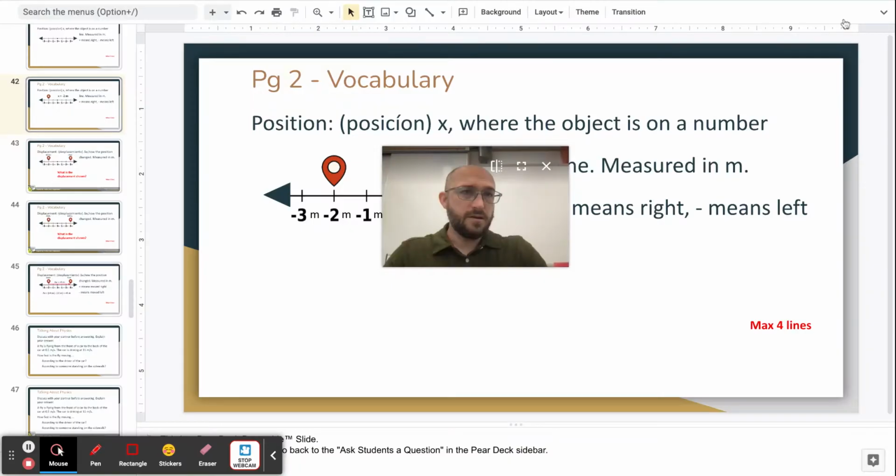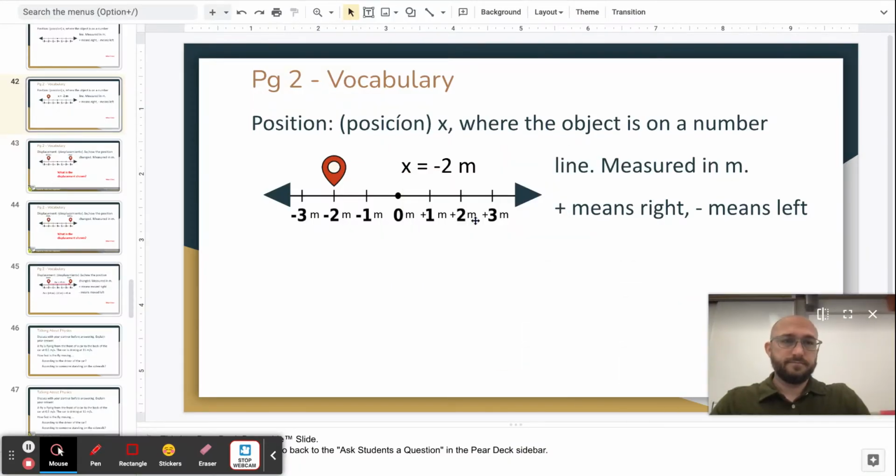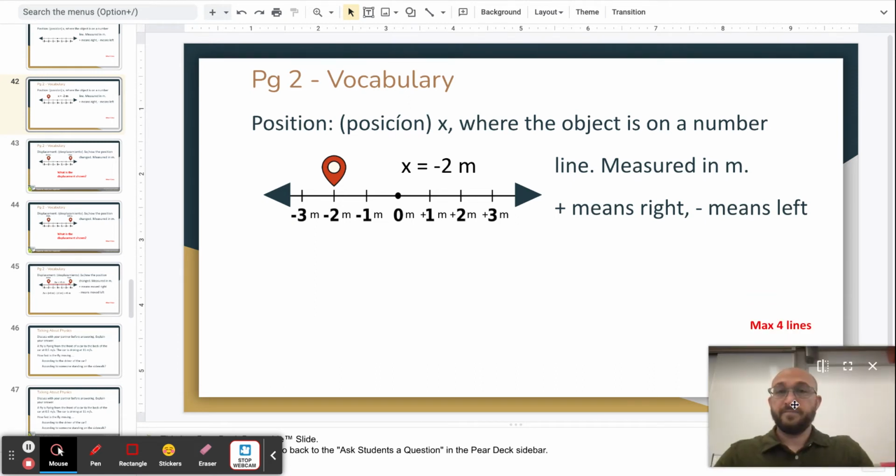All right, now let's get my face out of the way. Here is our first vocabulary word. Try to only have it be 4 lines tall, but position, which is x if we're using a variable, is where the object is on a number line.